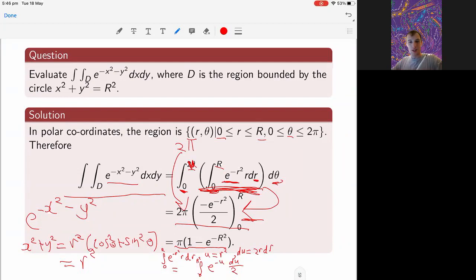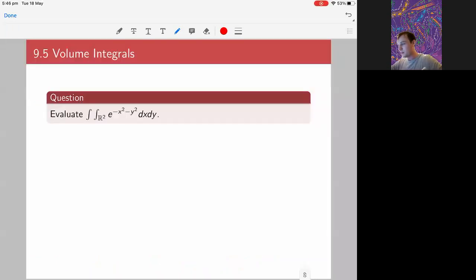Now, what becomes really interesting is if you do this integral over not just the circle, but over the entirety of R2. So evaluate e to the minus x squared minus y squared dx dy over the entirety of R2.